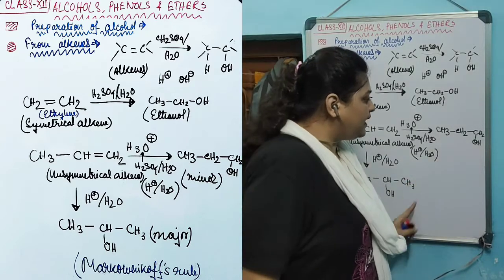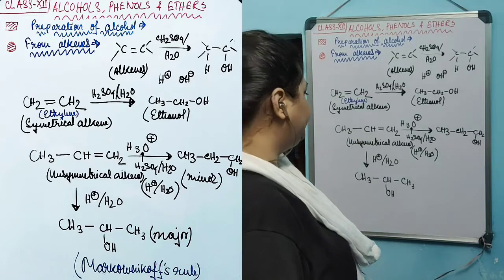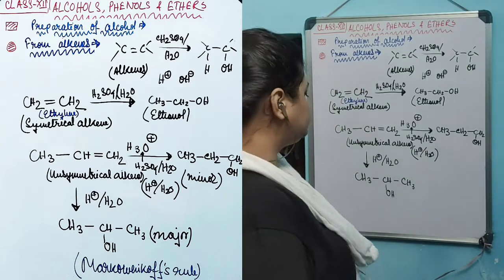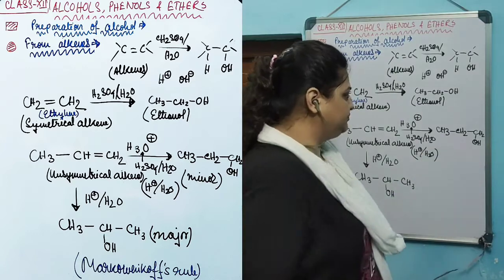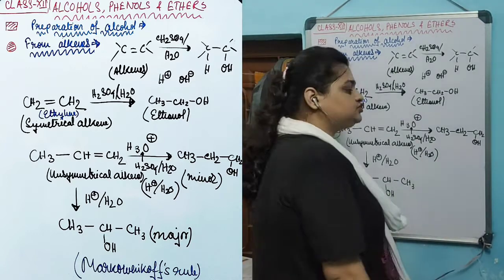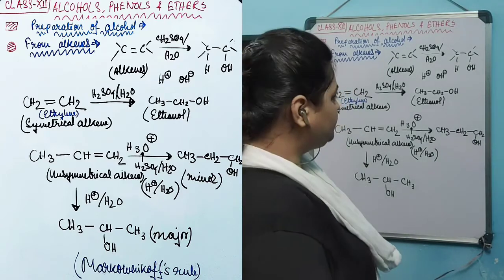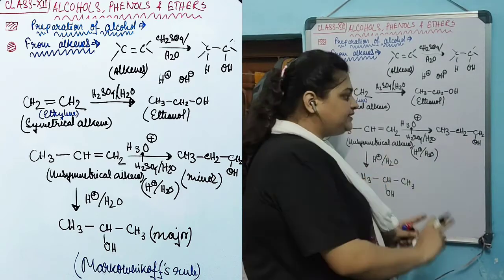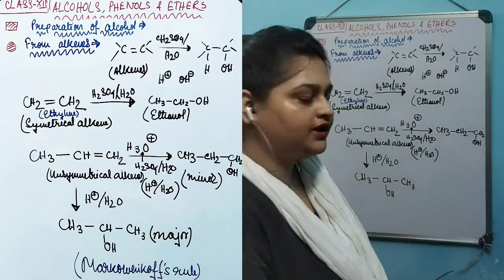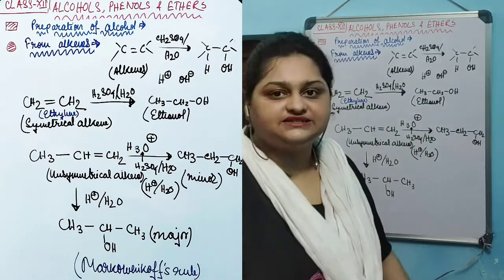So these two products that we get by the addition of water, acidic hydrolysis, are quite different from one another. It is found that both of these actually are produced, but the percentages are not the same. One is produced in a predominant amount and one in a lesser amount.